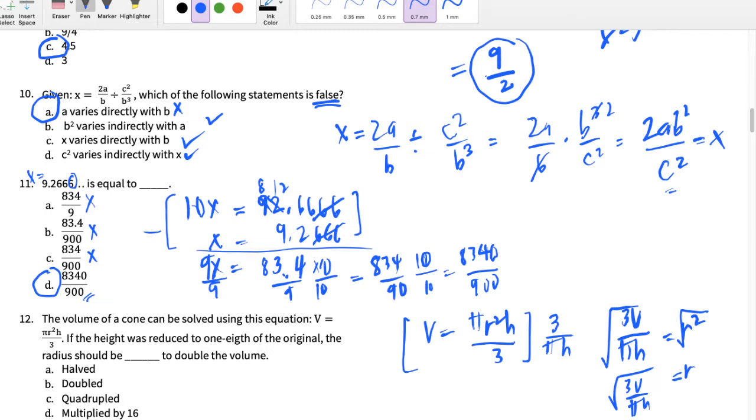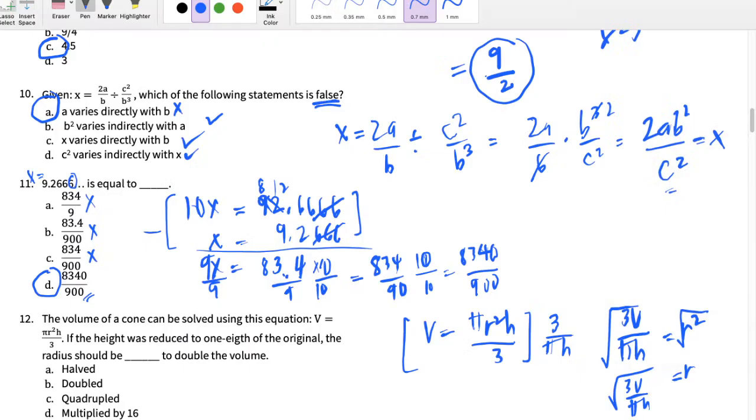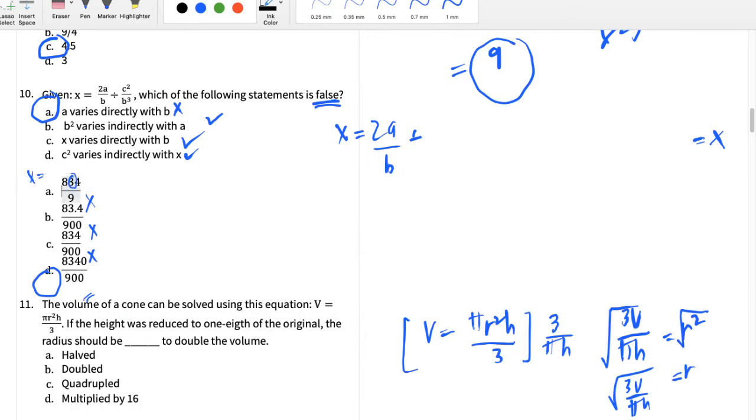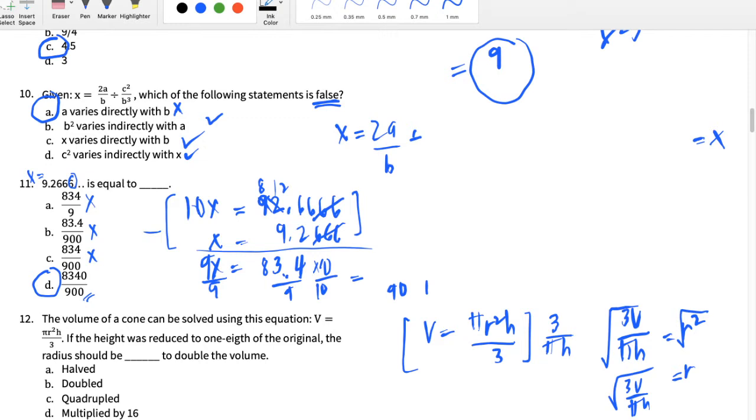So, r is equal to square root of 3v over pi h. Okay. So, now, burahin muna natin to. Wala na akong masulatan. Okay. So, let's continue with this one.